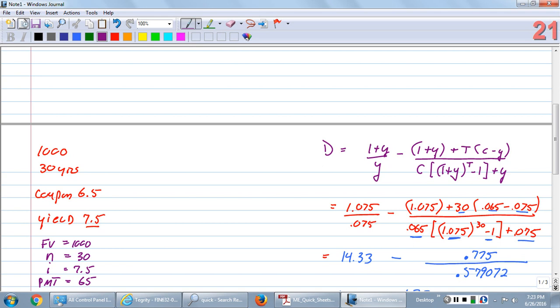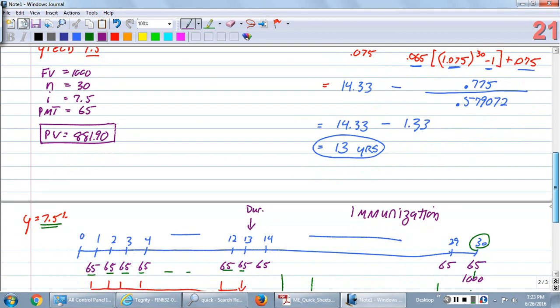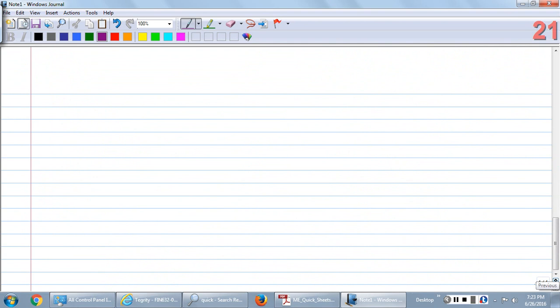Well, that's kind of what we're doing here with our bond portfolios, making sure we understand the different variables that can impact our bond portfolio. Right? Alright, so now what I want to do is show you another application of duration.